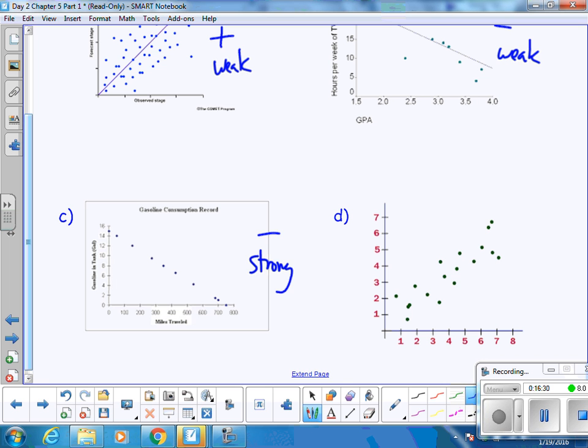And when you look at D, this one does show a positive correlation in the sense that it is going up, but again, this is still a weak one. A positive correlation in the sense that as it's moving along, the data is moving in an upward motion, but it is pretty weak. I mean, we have some outliers kind of zinging off to the side, which are moving away from maybe our line of best fit that the graphing calculator would put in there.